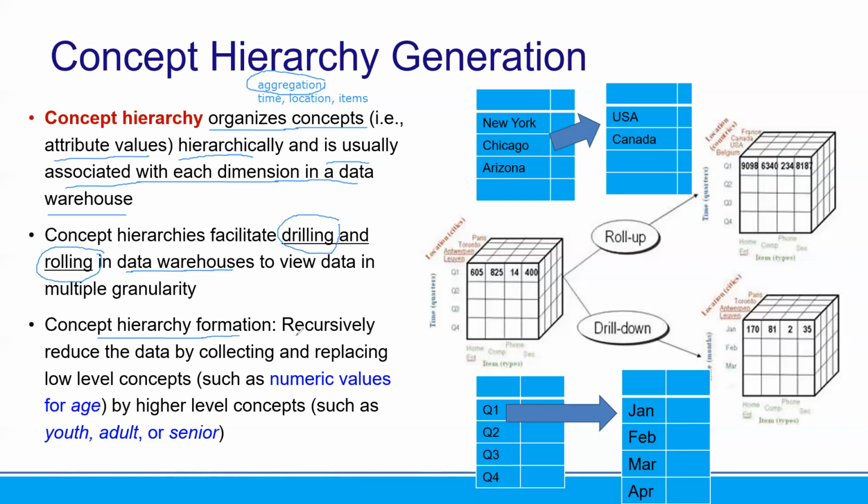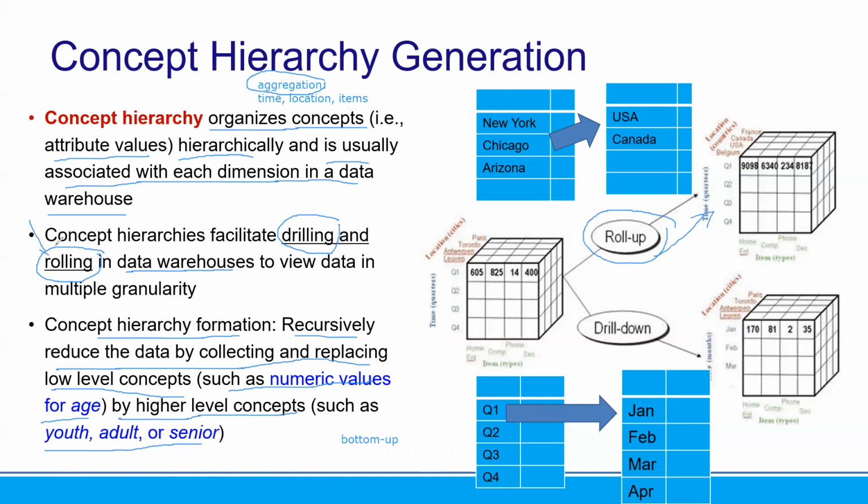Concept hierarchy formation recursively reduces the data by collecting and replacing low level concepts, such as numerical values for age, by higher level concepts such as youth, adult, senior. In this case, we call this bottom up. If it is bottom up, we want to roll up.